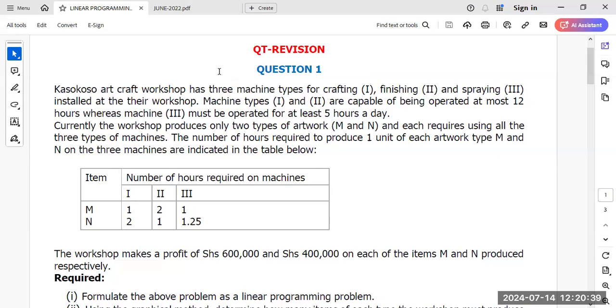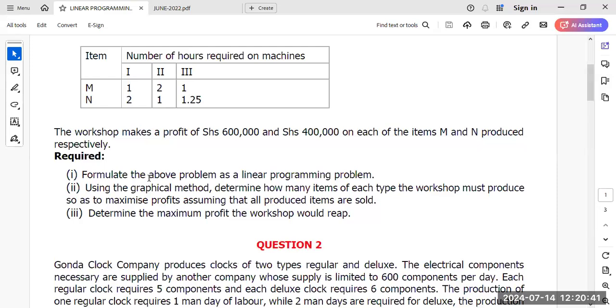So question 1, on the required part, they are telling us to formulate the above problem as a linear programming problem. That is the linear programming model. So to formulate this model, we have to follow our 4 steps. Then they ask us to determine how many items of each type the workshop must produce.